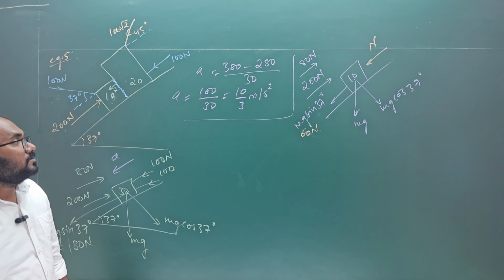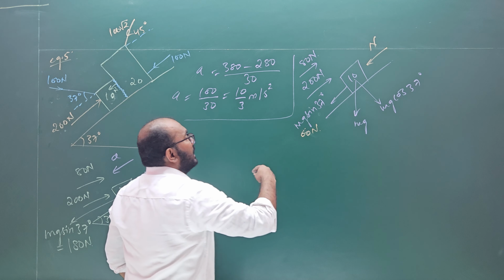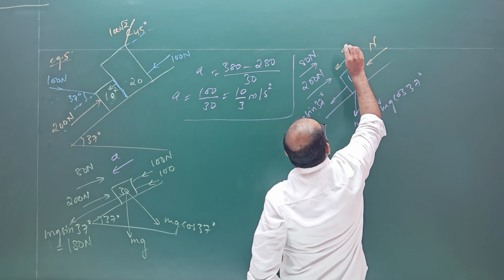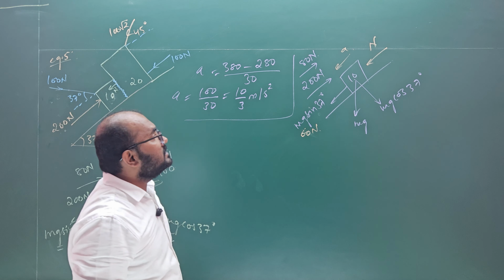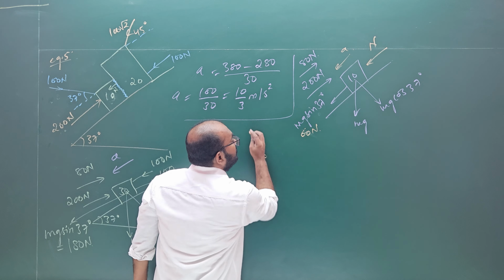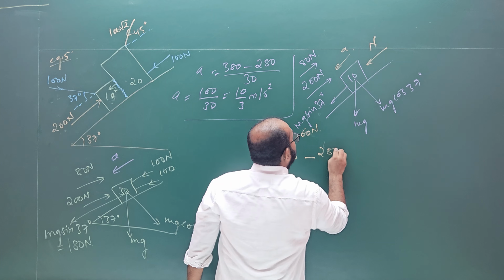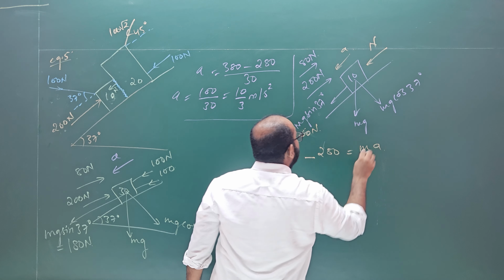So 60 Newton and N both are acting in the same direction, and 280 is acting in the opposite direction. Acceleration is in this direction, so N plus 60 is greater than 280.